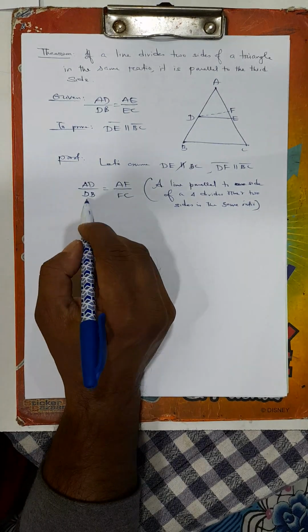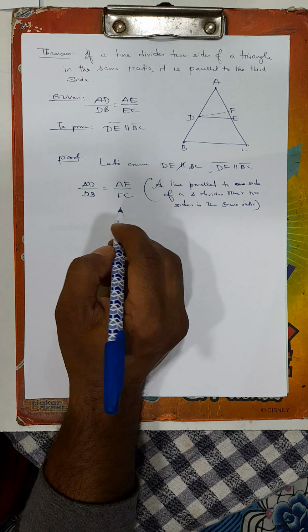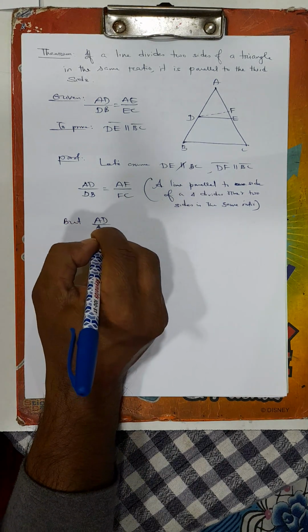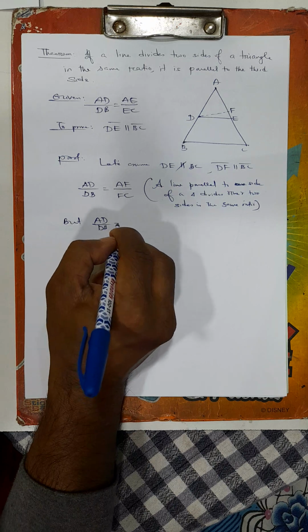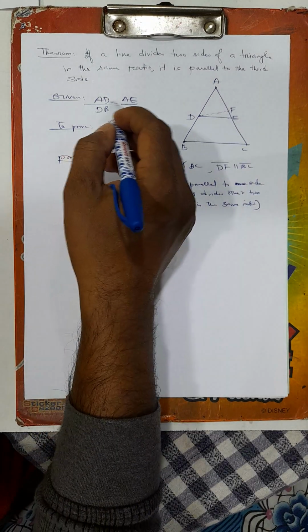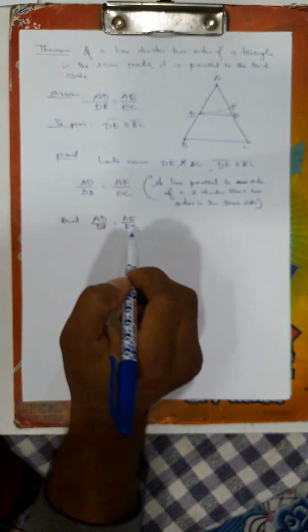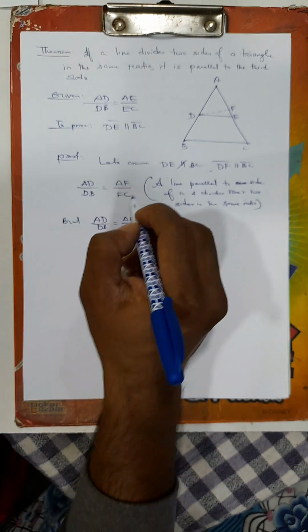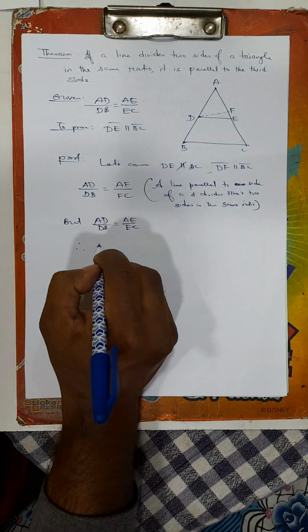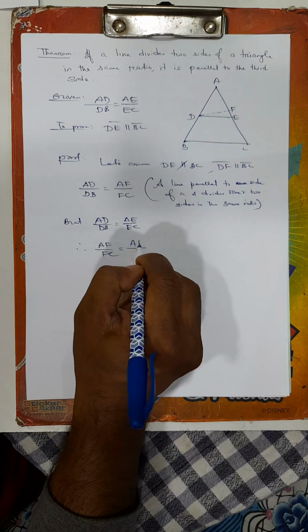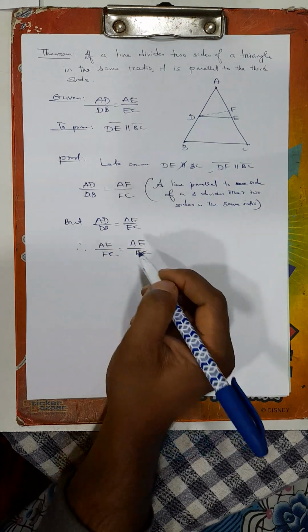So AD by BD equals AF by FC. But we are given AD by DB equals AE by EC. This was the given condition. So from these two you see left hand sides are equal, therefore right hand sides are the same. Therefore AF by FC equals AE by EC, right?